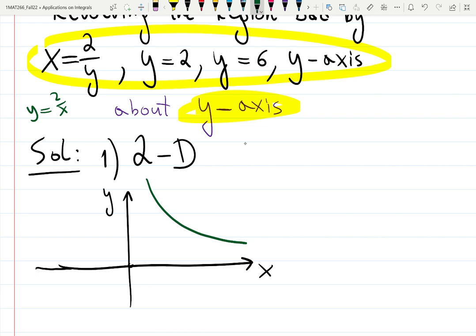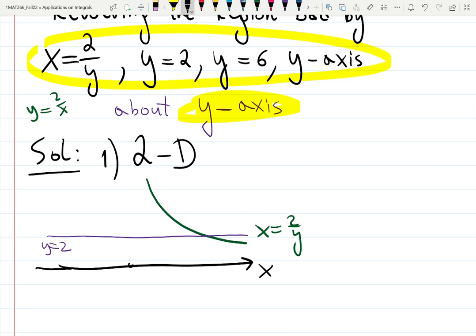So we have two cuts. Let me write down x equals 2 over y. Then we have a slice. It's not a slice, it's a cut. y equals 2 height. Make your y taller. And then we have the y equals 6 cut.